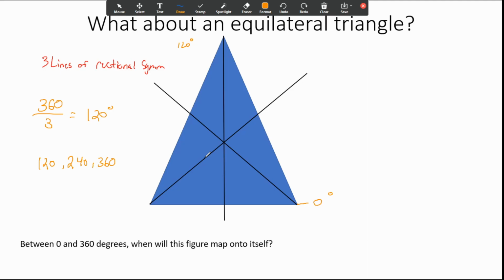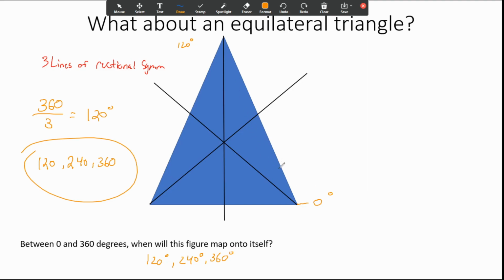We've landed on 360. That is another good hint that we are on the right path. And these are our rotational symmetries. So between 0 and 360 degrees, when will this figure map onto itself? At 120 degrees, at 240 degrees, and at 360 degrees.